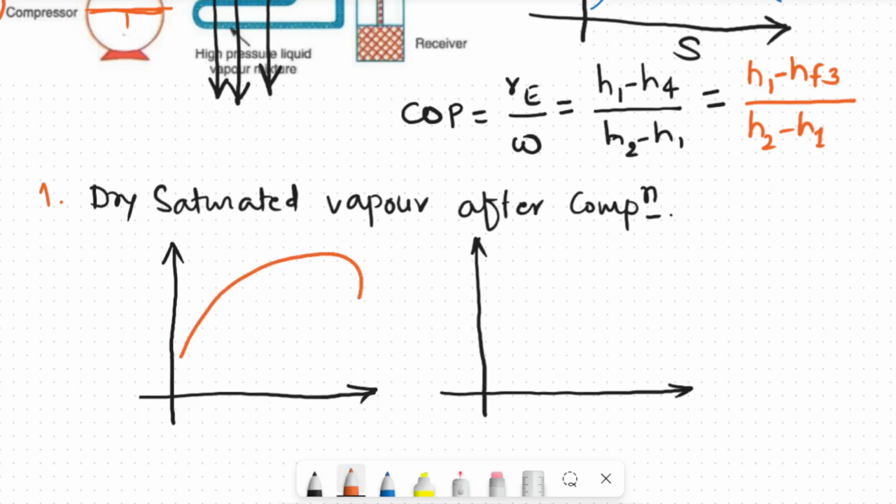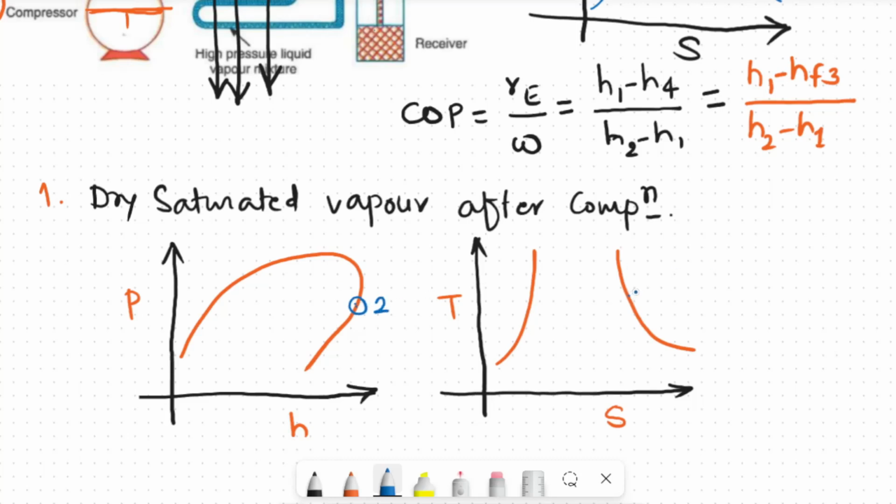So this is the dome, and this is pH, and this is TS. Okay. So first, the refrigerant which is exiting the compressor is at saturated vapor. So point two we are drawing first.